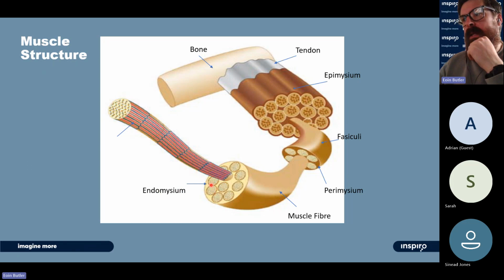Within our muscle fiber, which is about a third of a hair's width, we've got what are called myofibrils. Our myofibrils are broken into chain-like lengths called sarcomeres, all the way along and branching back into our muscle fiber, our bundle of muscle fibers, and the muscle itself.